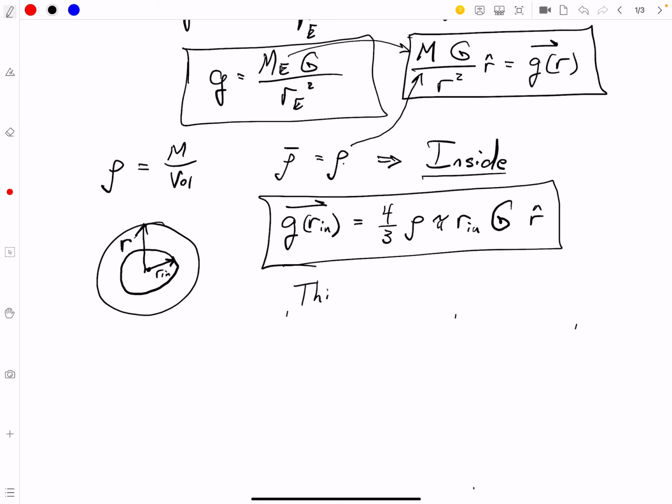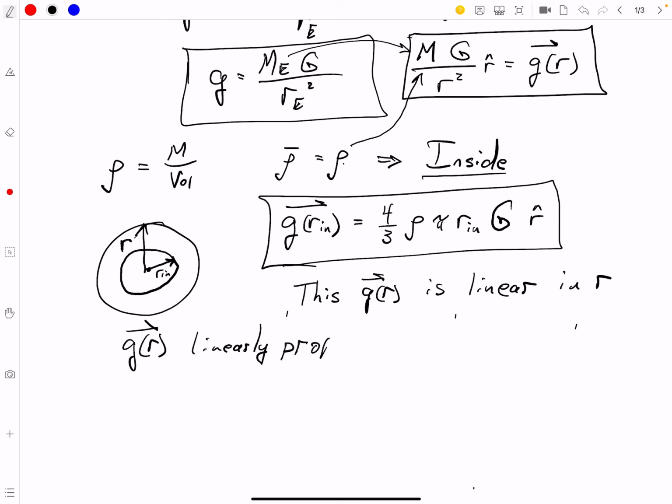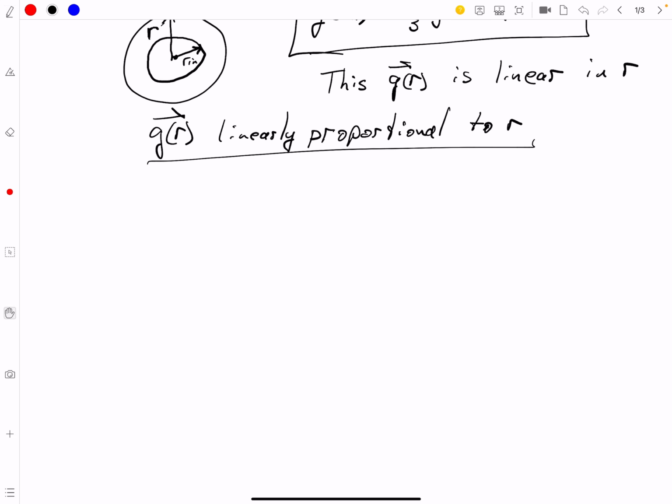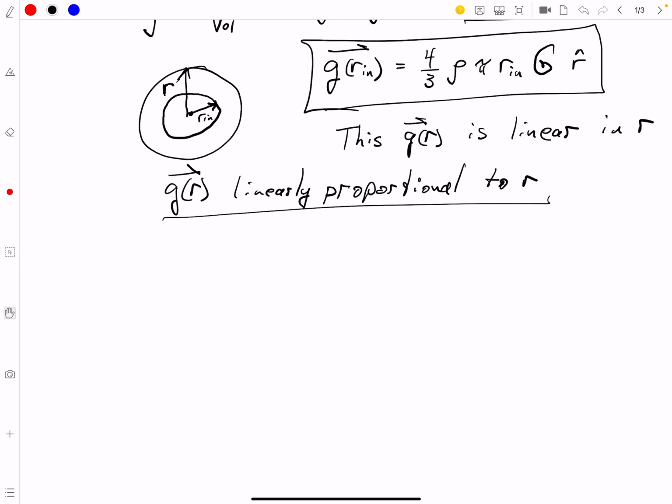So this g(r) is linear in r. So we can say g(r) is linearly proportional to r. Let's keep this here so you can see it for a little bit.